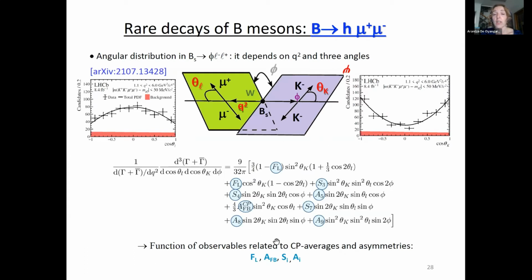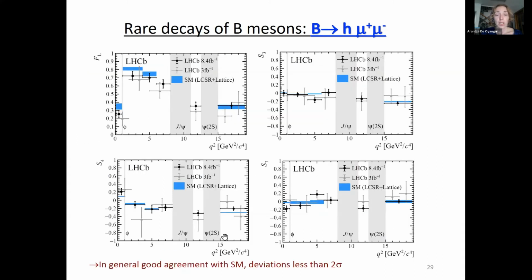I'm not going to go into detail, but you have, for instance, the lepton angle or the kaon angle, which have different angular distributions, and you can measure these angular distributions and relate them to these Wilson coefficients, okay? And this is what we observe.